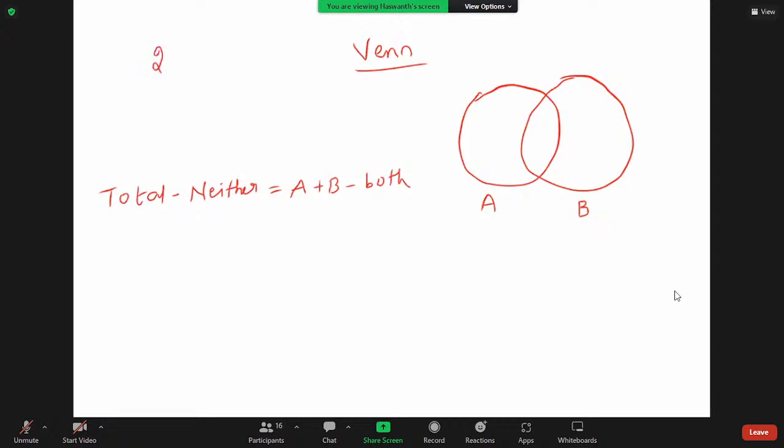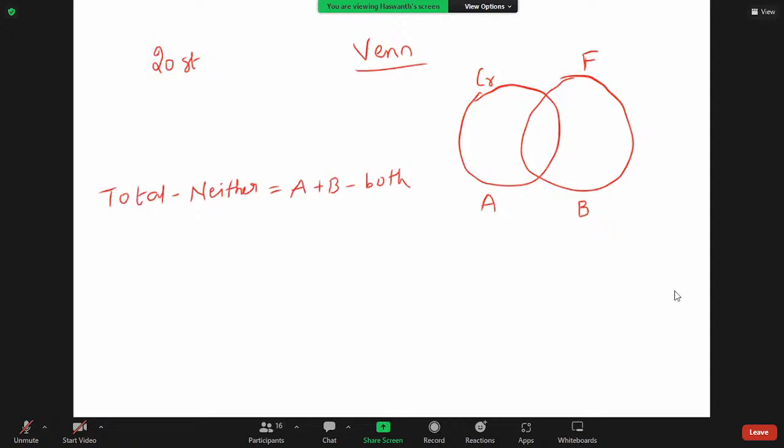Let's say in a class, there are 20 students. Out of this, some are playing cricket and some are playing football. Set A denotes the students who play cricket, and set B denotes the students who play football.